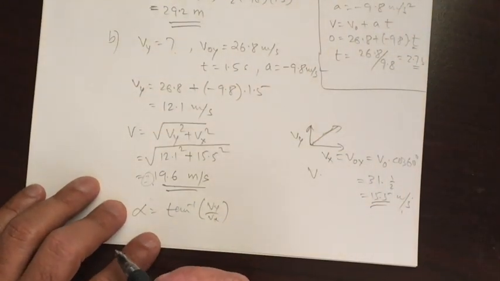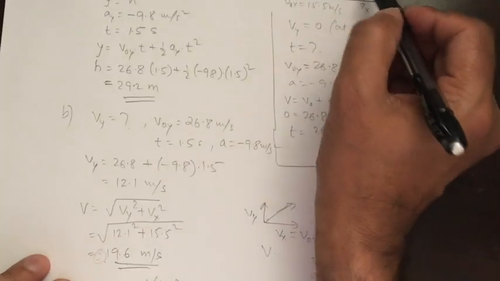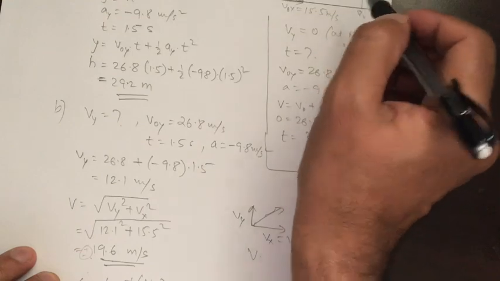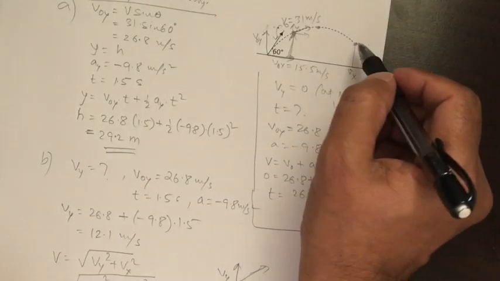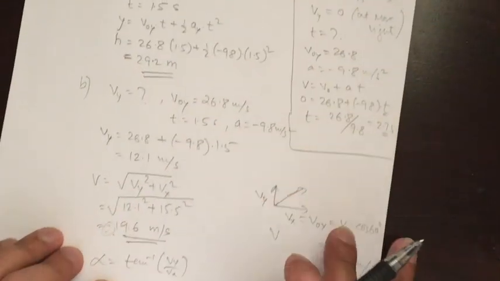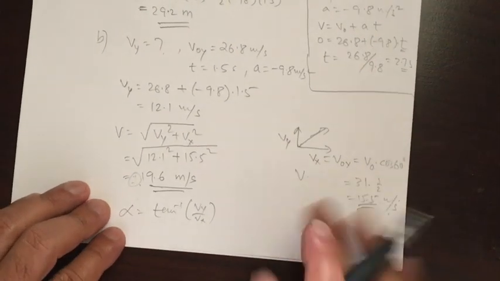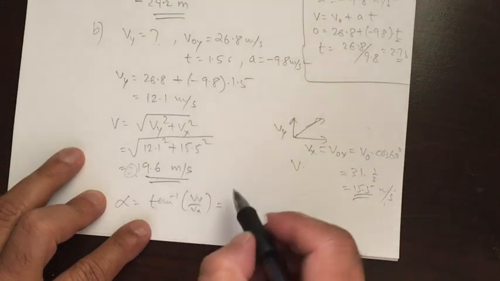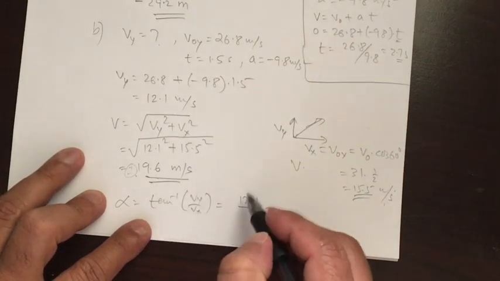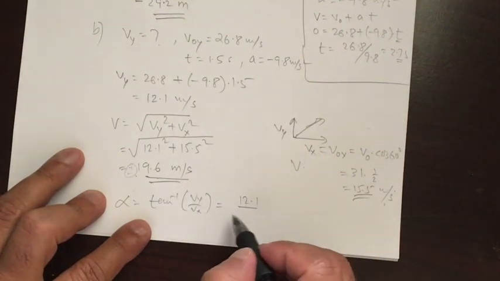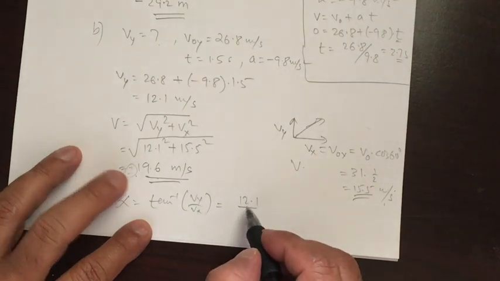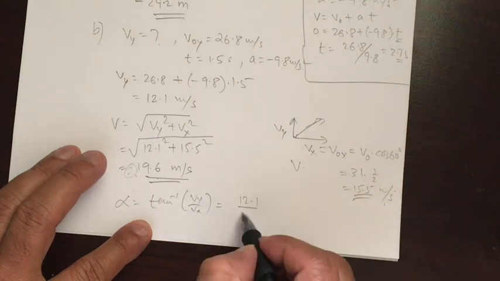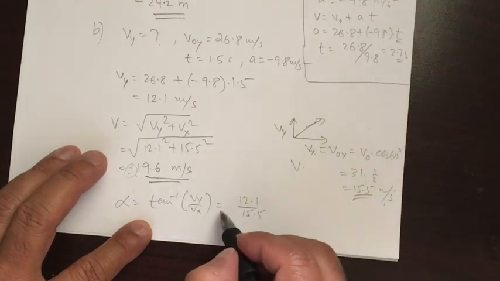I just want to make sure your angle is right, whether you do it as a negative angle or not, but accidentally it happened to be a little easier for you. So Vy is 12.1 divided by Vx, and Vx is 15.5.